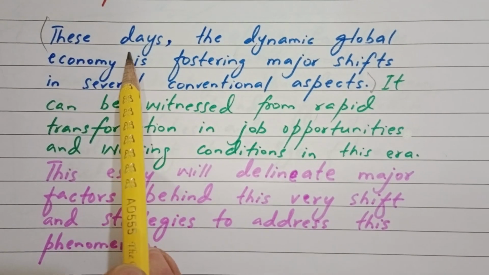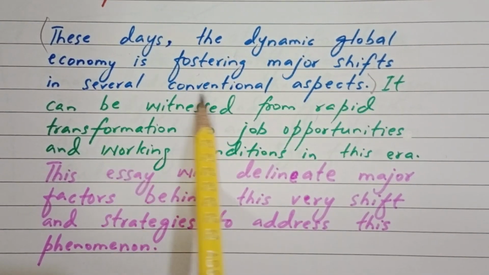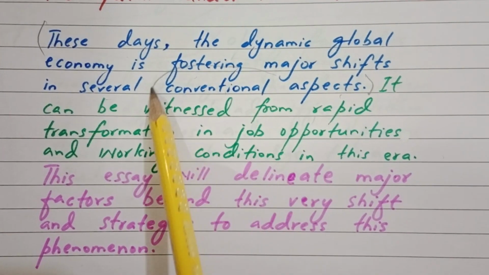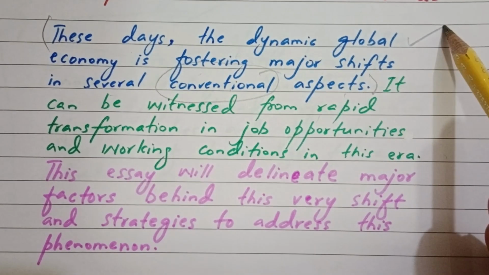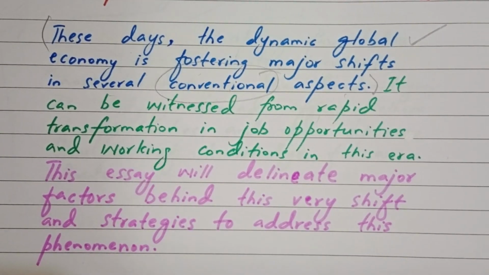Okay, these days the dynamic global economy is fostering major shifts in several conventional aspects. Conventional means traditional. It simply says that today there is a major shift in what the traditional aspects of the economy were. These days there are different aspects because there is a shift in the conventional aspects.